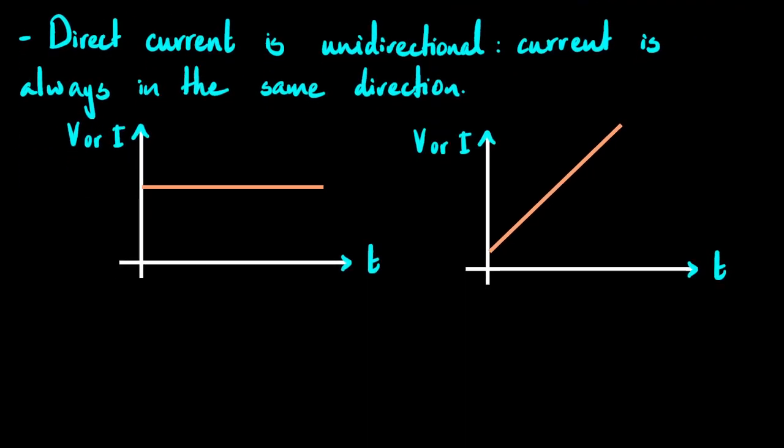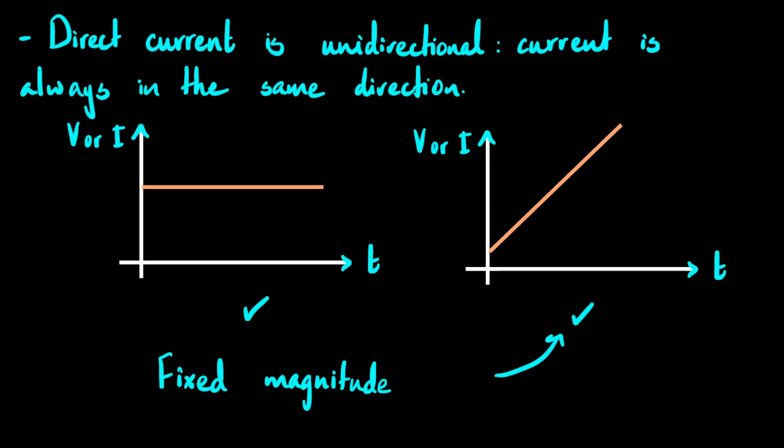Both of these are going to be called DC because fixed magnitude is not a requirement. It could be, and that's good, but it's not really a requirement. What we have above, where the current or the voltage is always positive, always in the same direction, suffices for it to be qualified as a direct current.